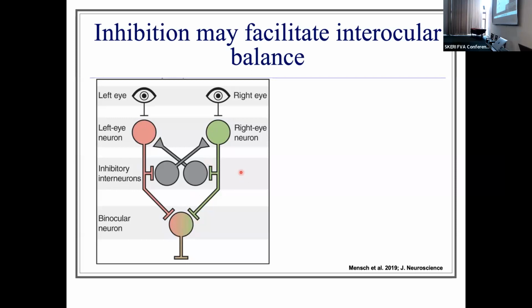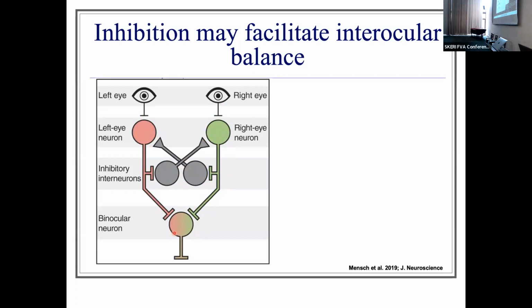One way we can do that is through mutual inhibition, where information from the right eye neuron activates an inhibitory interneuron, which then inhibits the left eye's neuron. If the firing in these two neurons is equal, they should have equal amounts of inhibition, and we end up with this nicely balanced binocular neuron.